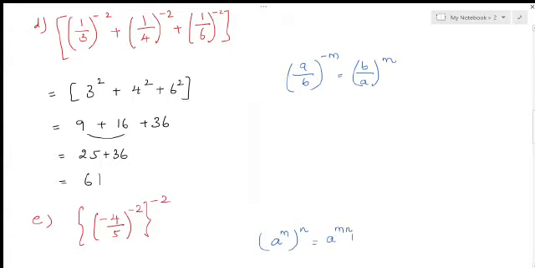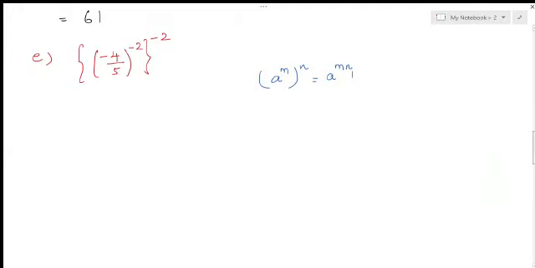So we have to multiply the powers and then we have to simplify the base. So here (minus 4 by 5) whole power minus 2 into minus 2. Minus 2 into minus 2 is plus 4. Minus into minus is plus.